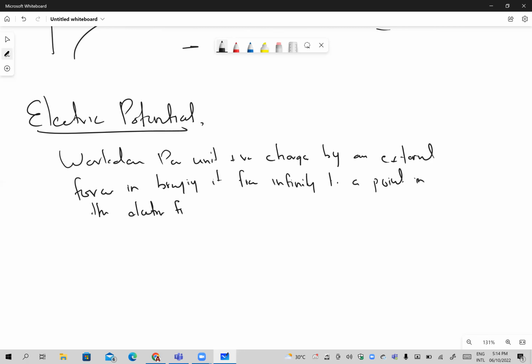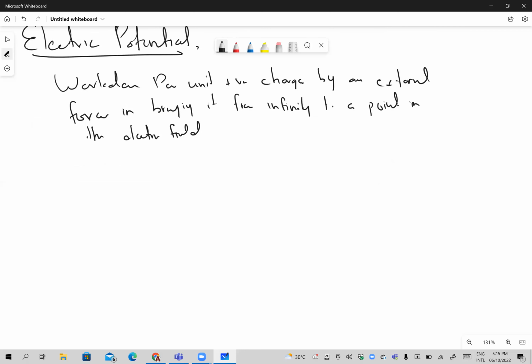We're once again assuming, I'm pretty sure you're now clear with the concept of infinity, a zero point that we assume in space for these values whenever there's a need to calculate work done or electric potential. So you're assuming that this is point zero and you're bringing a charge to, let's say, any point.